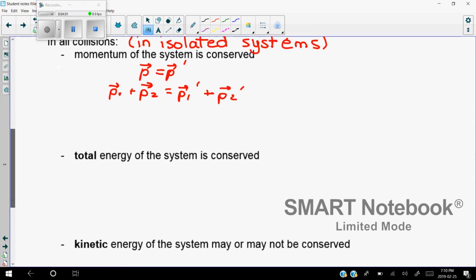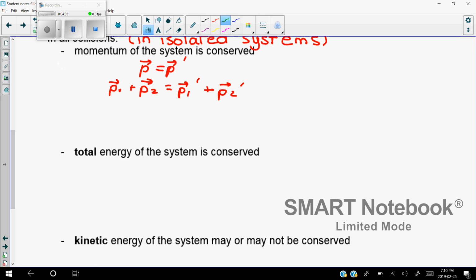That is also true about energy. Your total energy at the beginning is equal to your total energy at the end, signified there by prime.